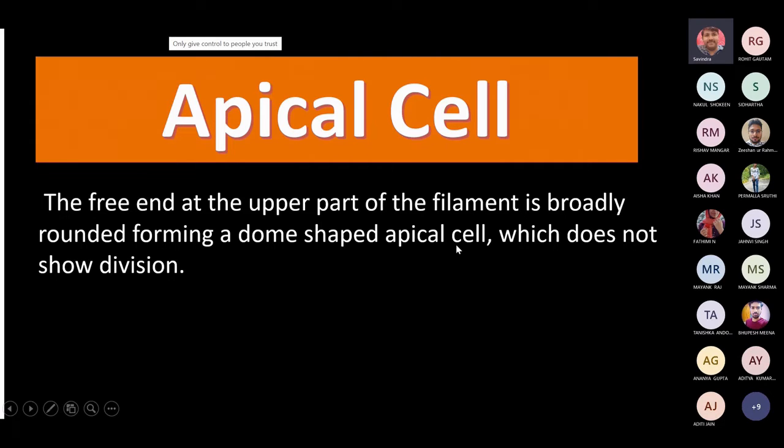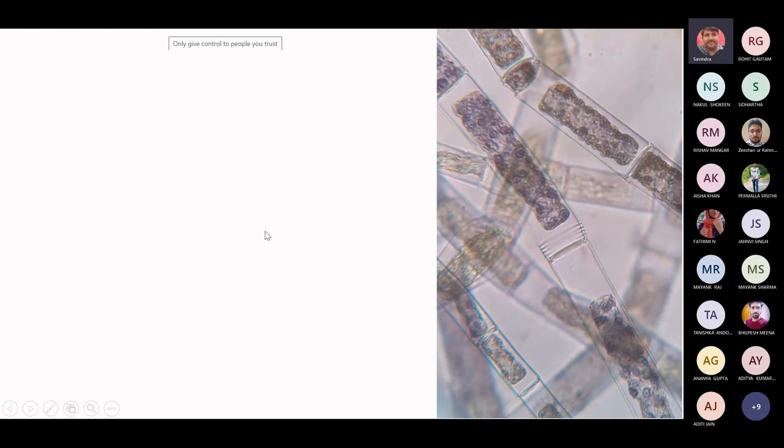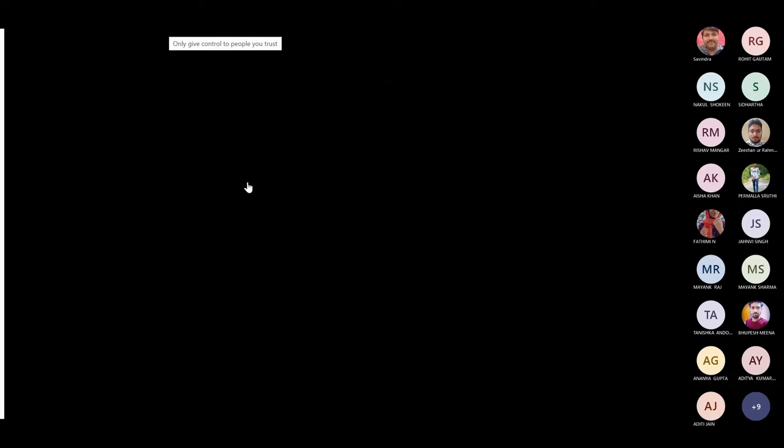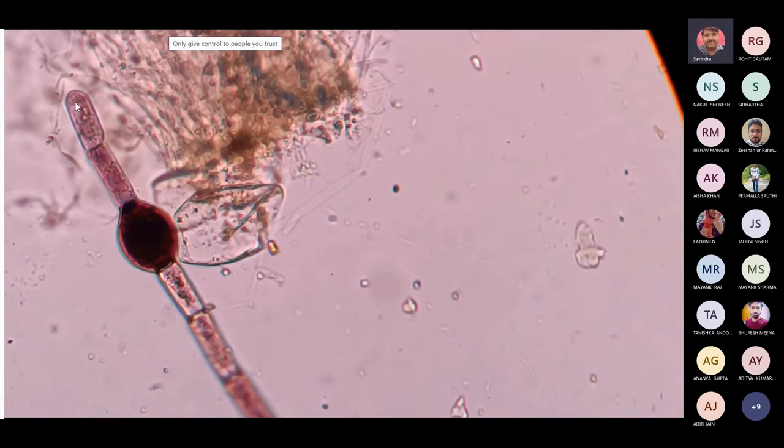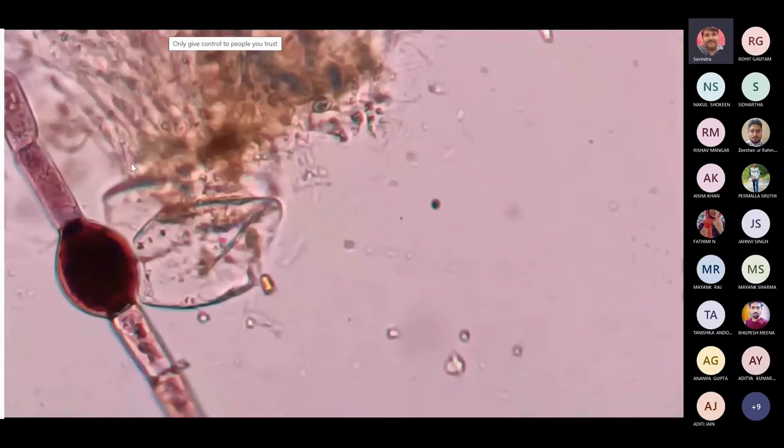And this is the first time we were able to see the apical cell. Every time we made slides before, we were not able to find it. That's why we made this. Yes, this is the apical cell. Can you see it?